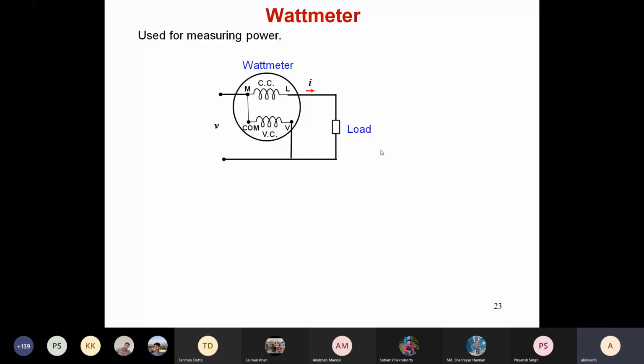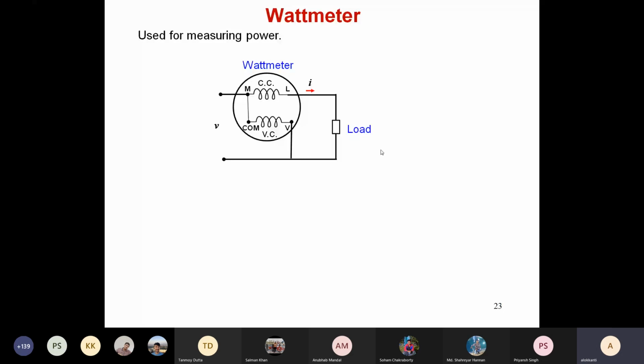So the instrument for measuring power is basically the wattmeter, and as you know, power is related to both current and voltage. If you have a load, the load is drawing a current, and the voltage across the load also matters when you have to measure power. The wattmeter has two coils.